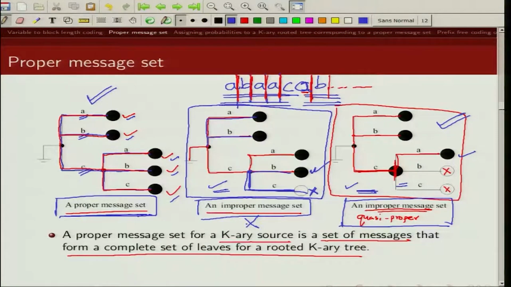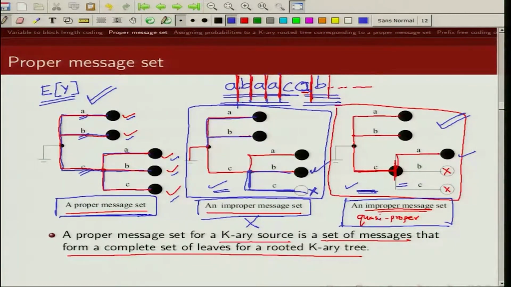Now in the case of a proper message set, remember our objective is to maximize the expected value of input code word length. We want to maximize the expected value of y. In the case of a proper message set, we know a method to find the optimal code which will maximize the expected value of y.